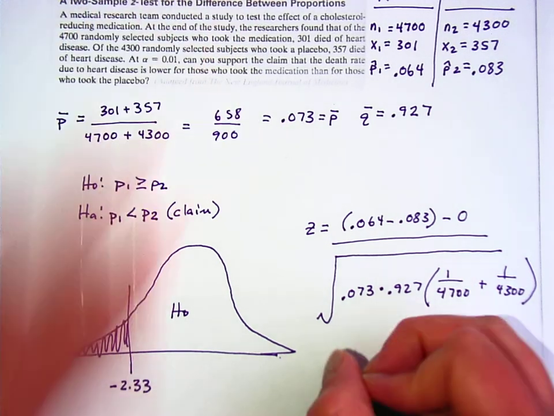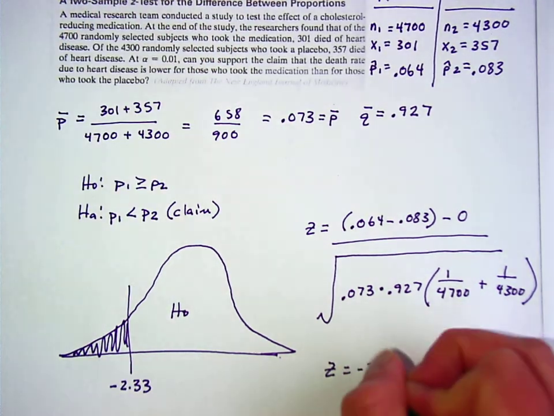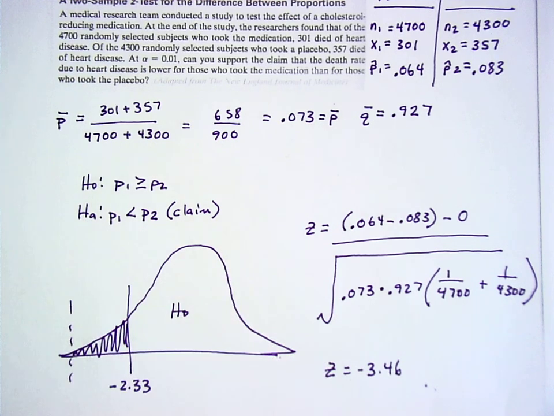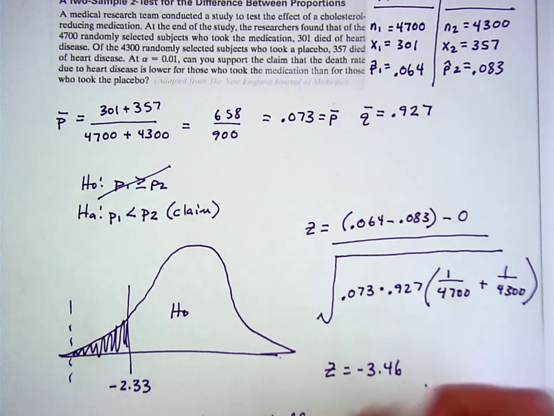And you find out that that z-score is negative 3.46, which is super over here, which means that we reject the null, because it's in the rejection region. But that also means that we accept the claim.